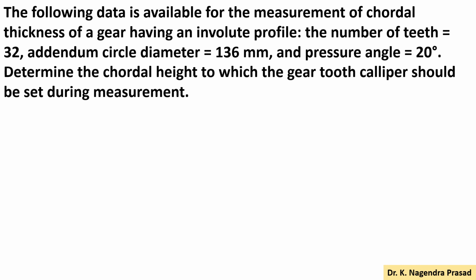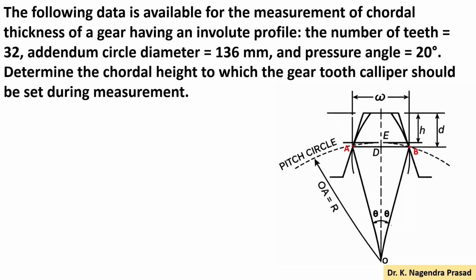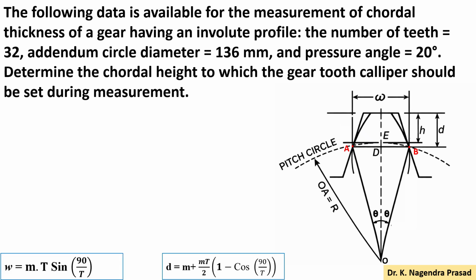So here you have to determine the chordal height while measuring the gear tooth thickness using the gear tooth vernier caliper. That is the chordal addendum, small d. We know the equation: small d equals m plus m T by 2 into 1 minus cos 90 divided by T. Let's see the data.